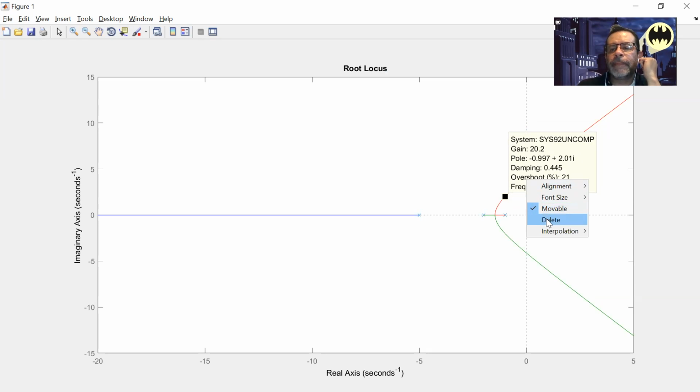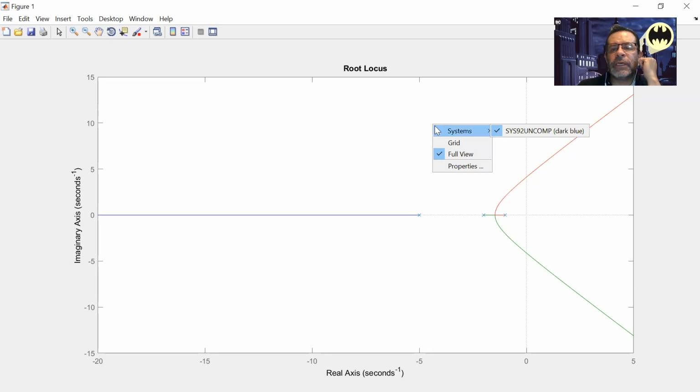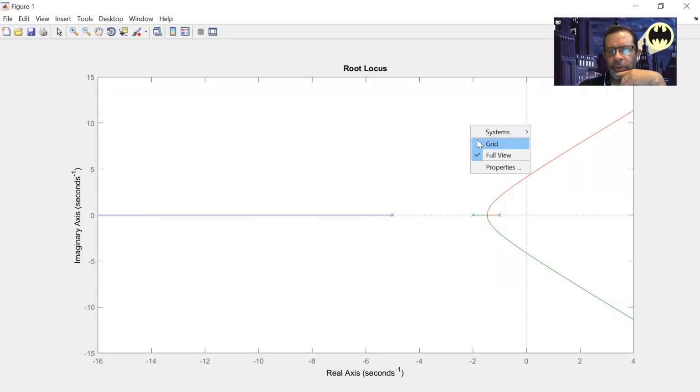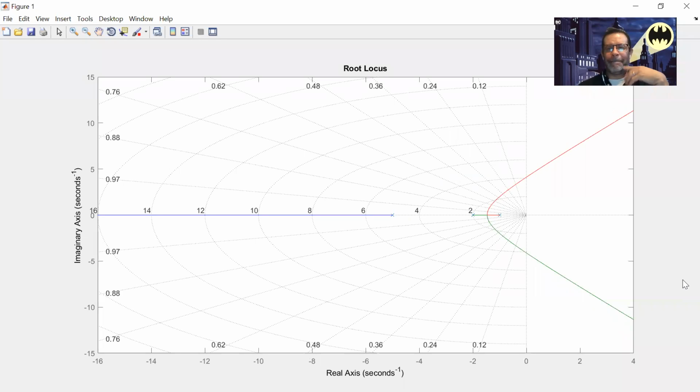But there's something interesting here in the root locus. When you do a plot, you always have the opportunity to put the grid. But the grid that we're being given here is a different sort of grid. It's not a grid with regards to X and Y.